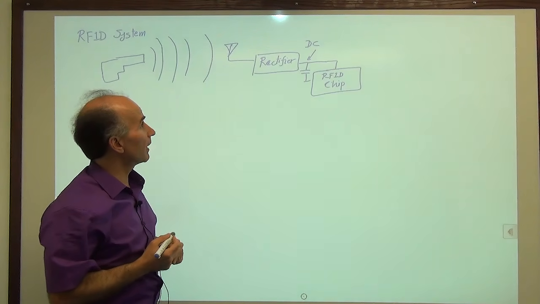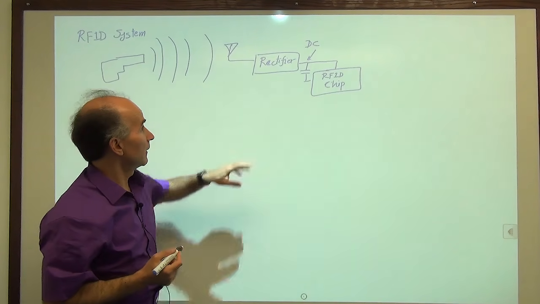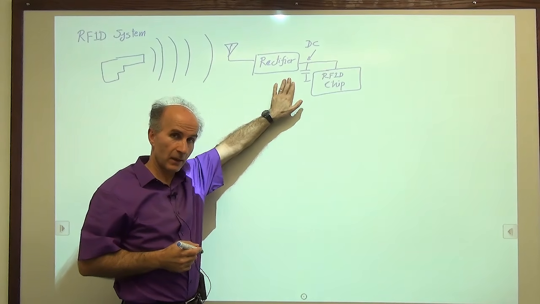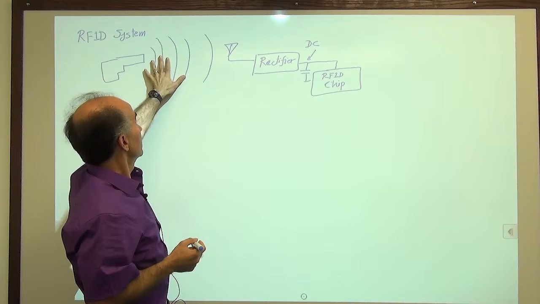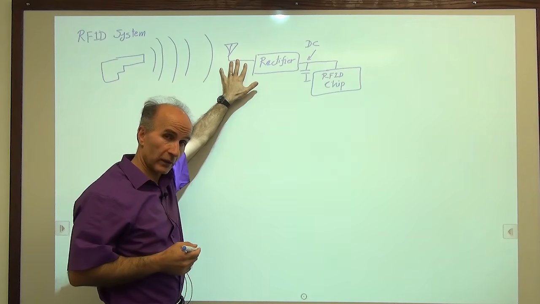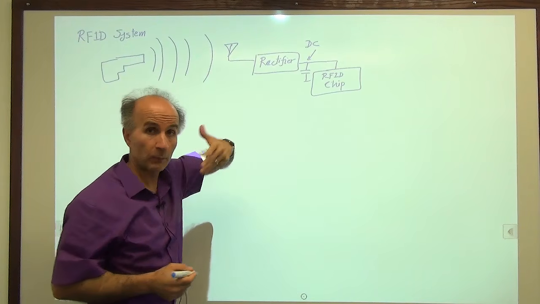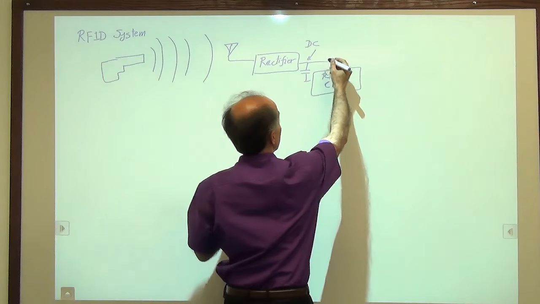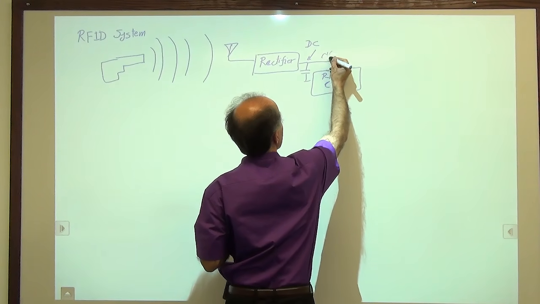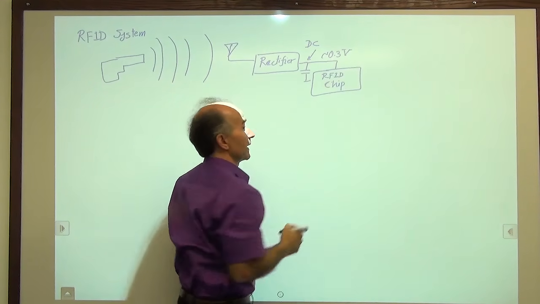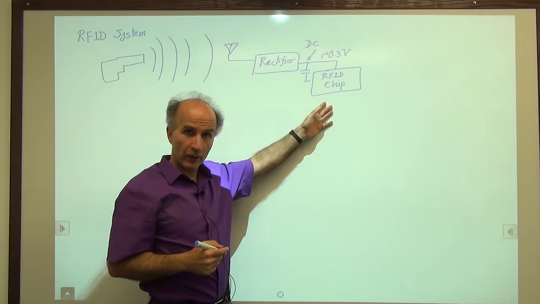All right, so the only problem in this case is that if we use a simple rectifier, like the things that we have seen in the past, because the signal here is not very large, this DC is not very large. So we may get something like 0.3 volts as an example. So let's say approximately 0.3 volts. And 0.3 volts does not suffice to power up this chip.